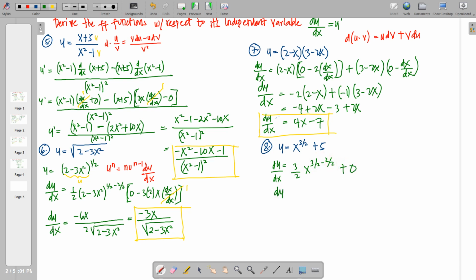So dy over dx is equal to 3 halves x raised to 1 half, or we can write this as 3 halves square root of x. So this is the answer for number 8.